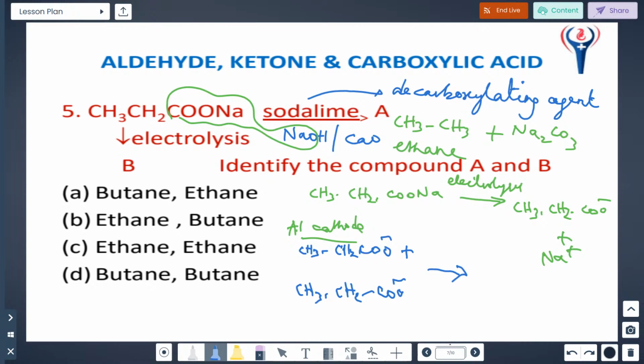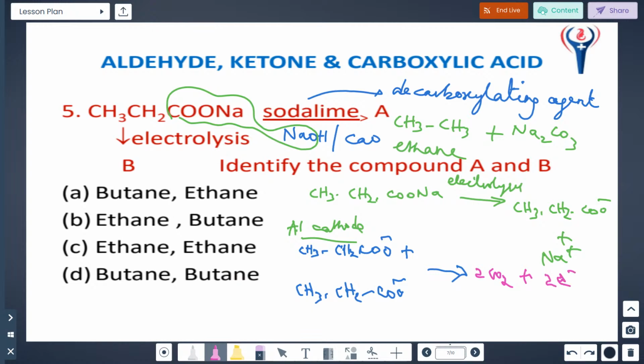So minus means it goes to cathode only, I am writing first. Then it goes to cathode, what happened? This will be removed, that is CO2. 2 times CO2, understood? Plus, minus, we have 2 electrons that will be removed, understood?